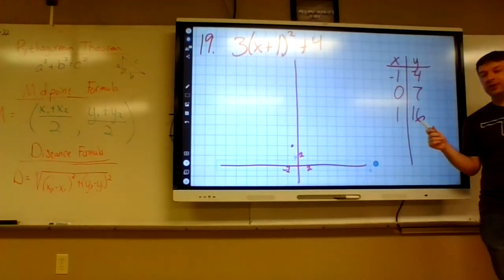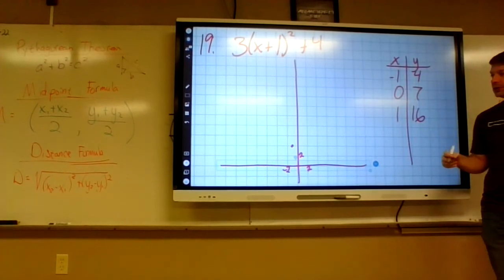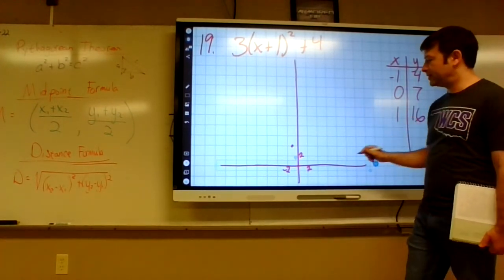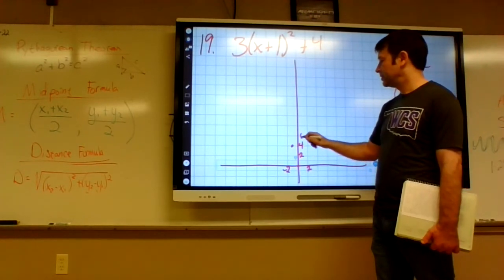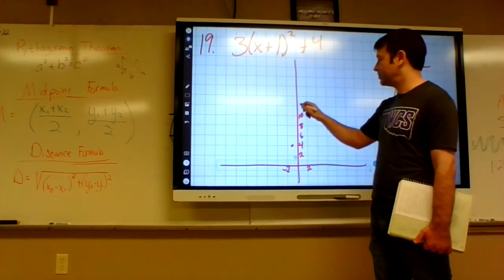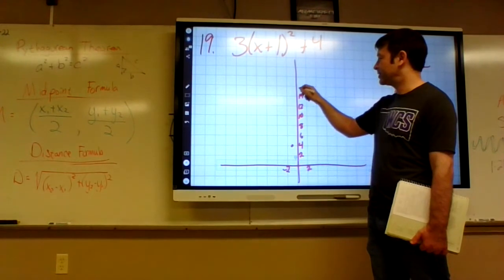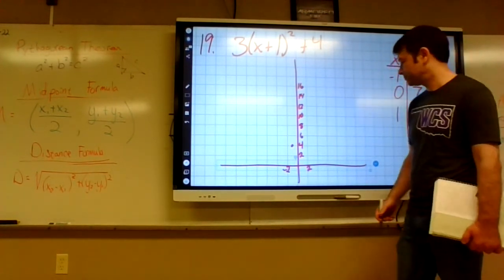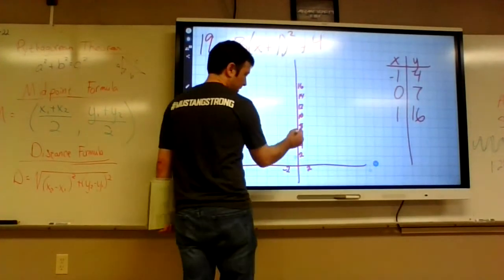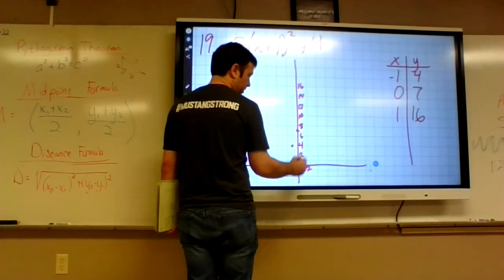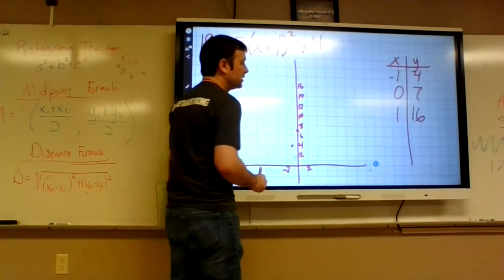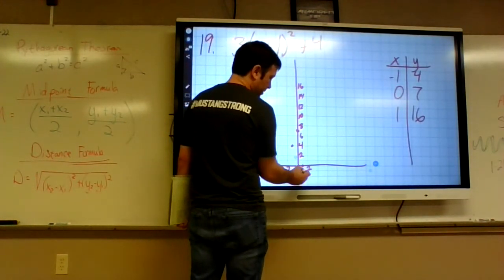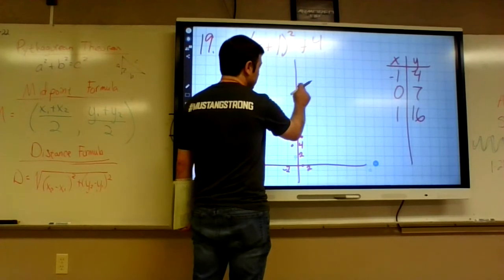So that's why we need to make our graph really tall, 16. So 0, 7. Maybe I'll count all the way up here so we don't get confused. Where is 0, 7? Like half, right between 6 and 8. And then where is 1, 16? So 1 is right there. Up 8. 16's in the way.